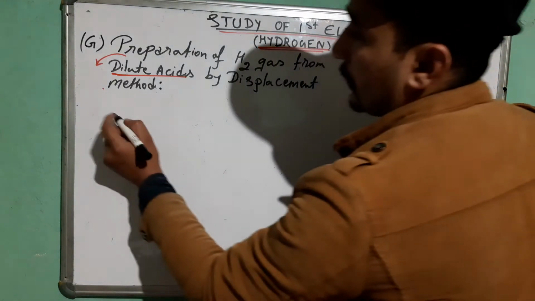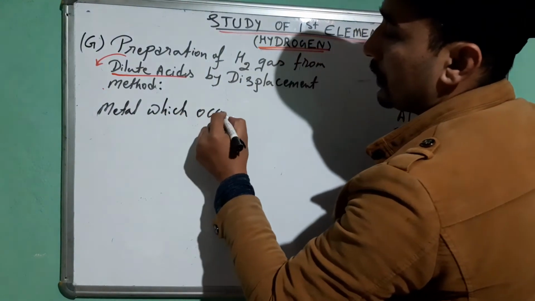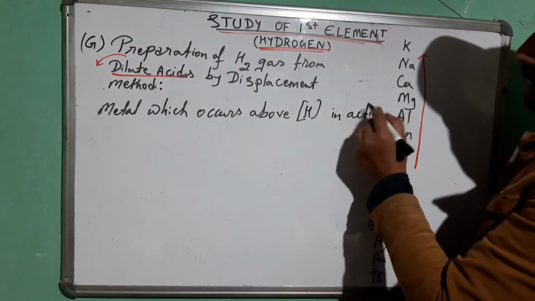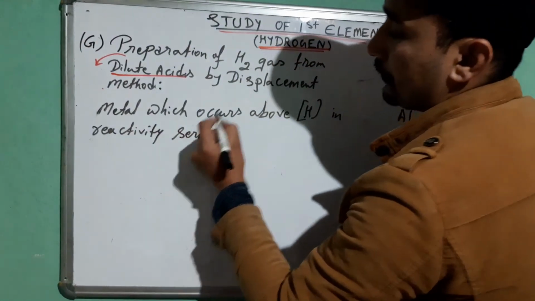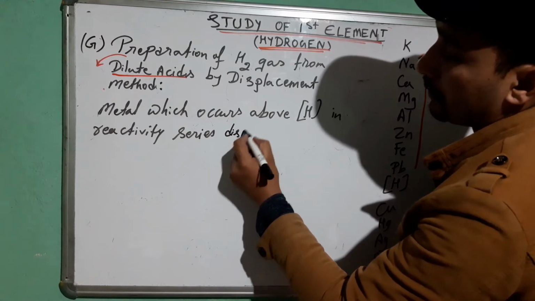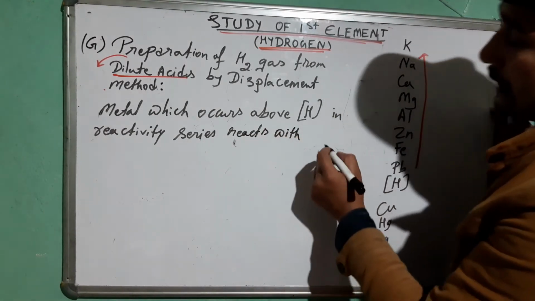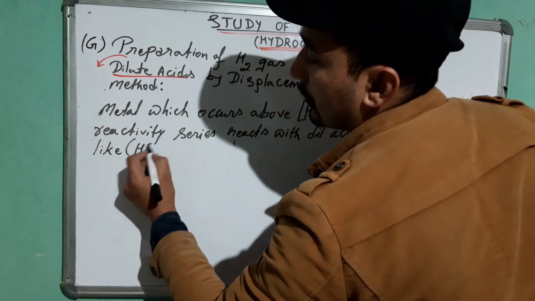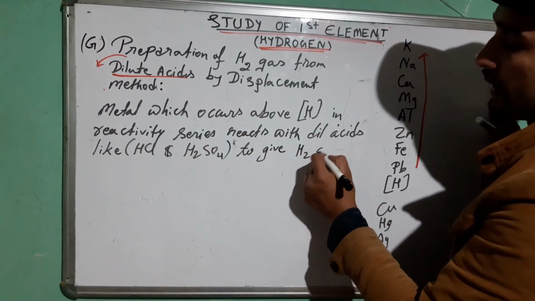So active metals, otherwise metals which occur above hydrogen in the activity or reactivity series, displace hydrogen, otherwise react with dilute acids like HCl and H2SO4 to give H2 gas as follows.